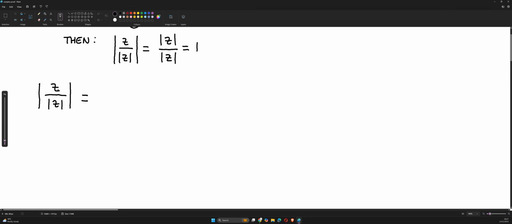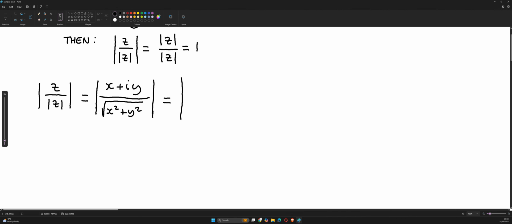We've got the magnitude of z over the magnitude of z, which is the same as the magnitude of x plus iy over the square root of x squared plus y squared, like so. Now the contents inside here can be turned into two separate fractions.